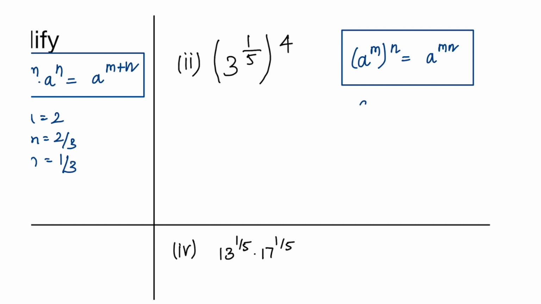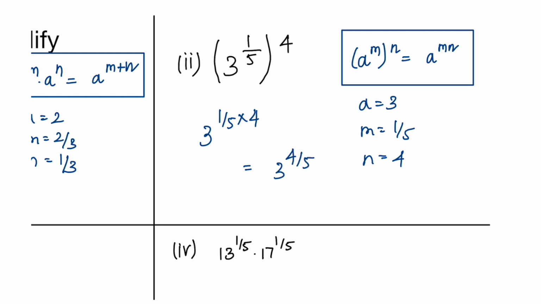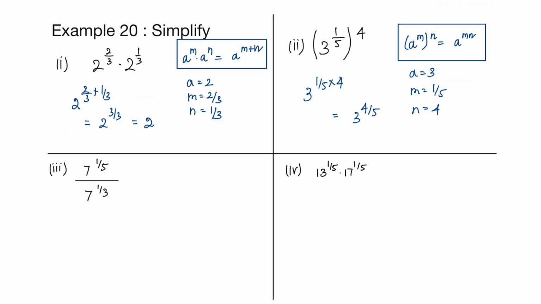In this case, a is equal to 3, m is equal to 1 by 5 and n is equal to 4. When we apply this formula, it would be 3 power 1 by 5 into 4, and that gives you 3 power 4 by 5, and that is the answer to this question.